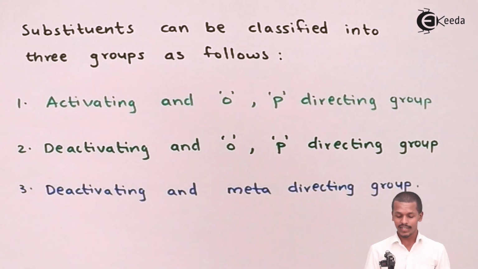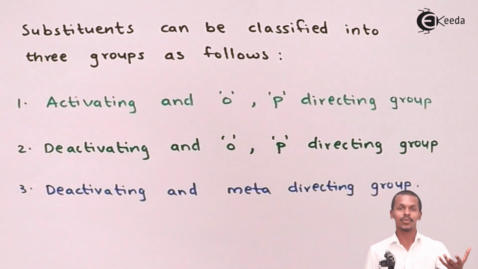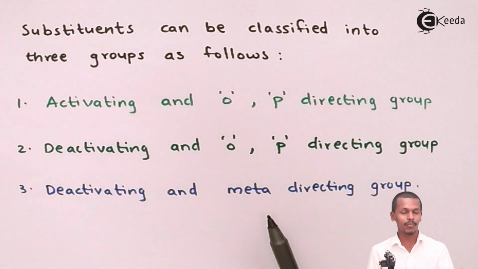And talking about the last one, the deactivating and meta-directing group: these will reduce the reactivity of the product compared to benzene, and in that case will allow the other groups to be attached at the meta position, and that's the reason they are called meta-directing groups.